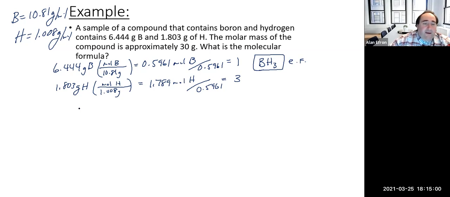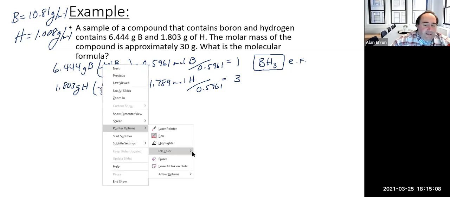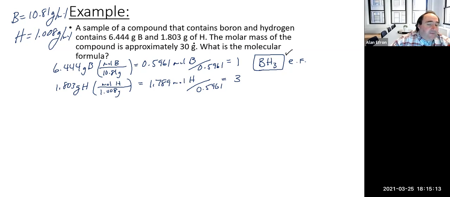All right, now that we have the empirical formula, that's one of the 3 pieces of information that we need to actually get to the molecular formula. One piece of information is obviously the empirical formula. The other piece is the approximate or parent molar mass of the compound, which is 30. And the third piece is we need the molar mass of the empirical formula, BH3.